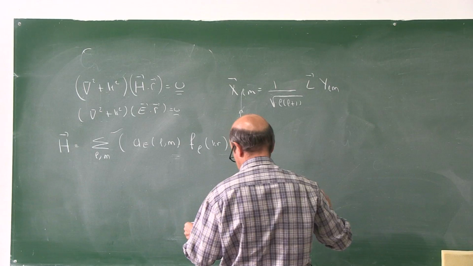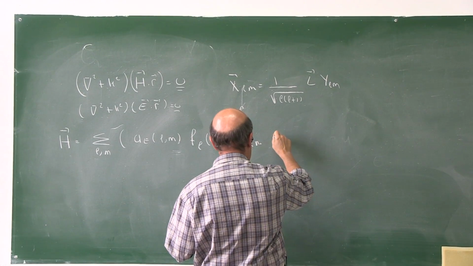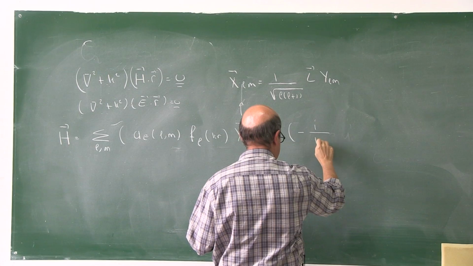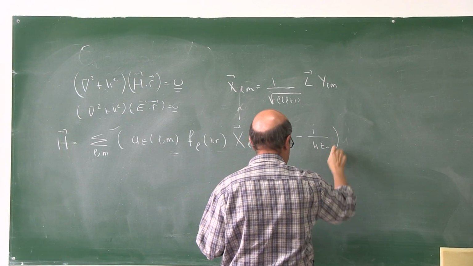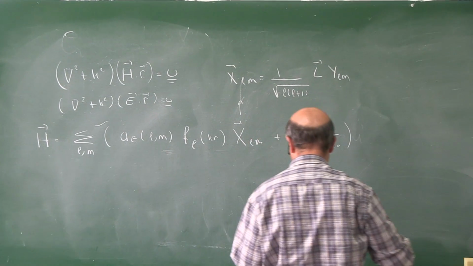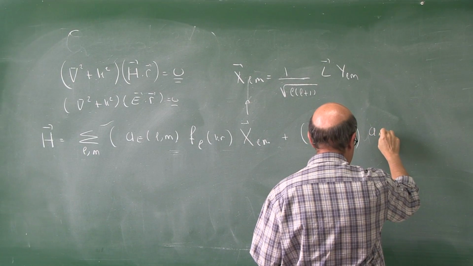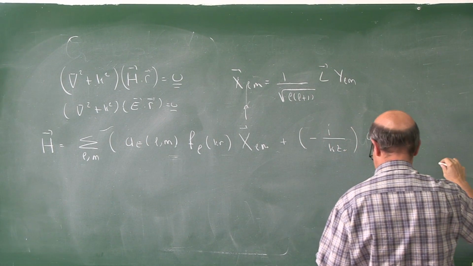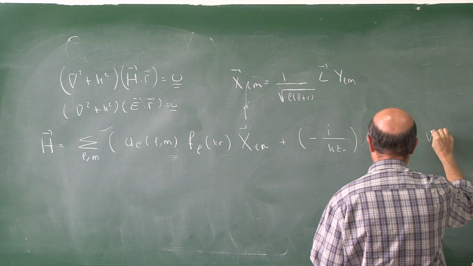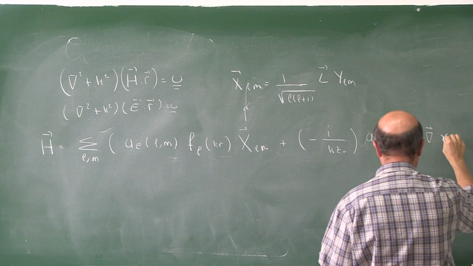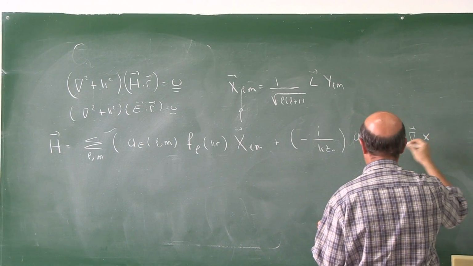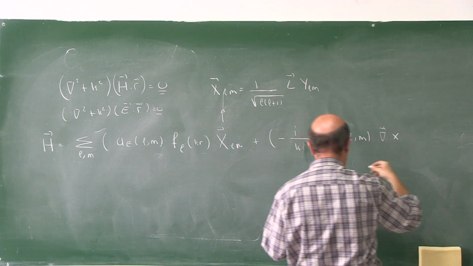And what else do we find? The electric field is given by Z0, the impedance of free space, the coefficients, the curl of the spherical Bessel function times X_Lm. Actually, there is no Z0 here.